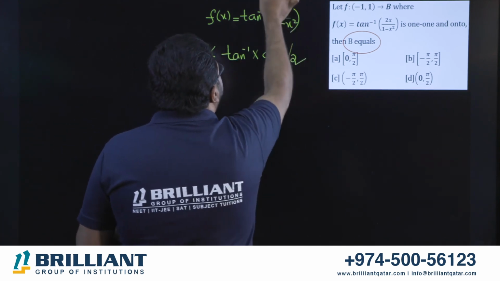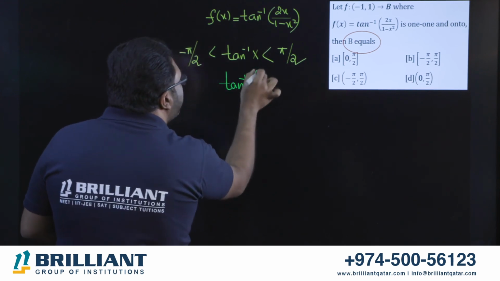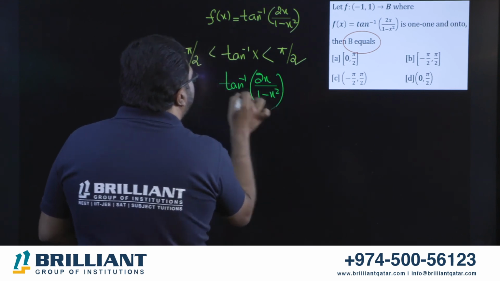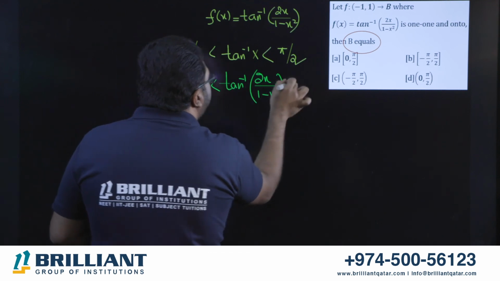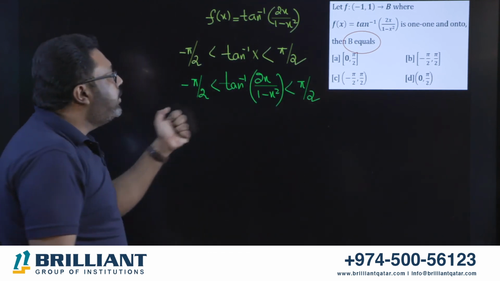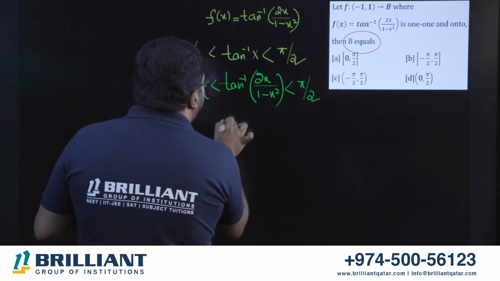So what is going to be the range of tan inverse of 2x by 1 minus x squared? That is also going to be a value between minus pi by 2 and pi by 2. So what is going to be b?